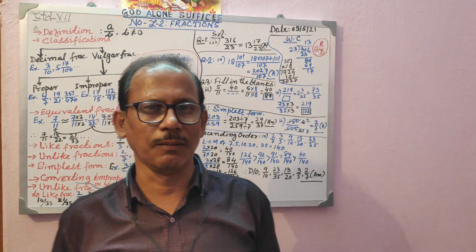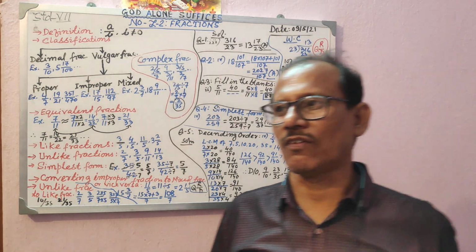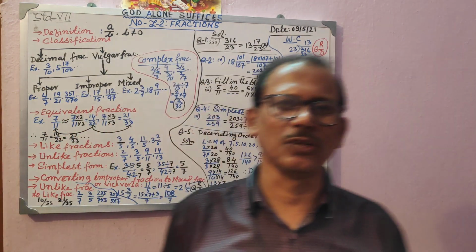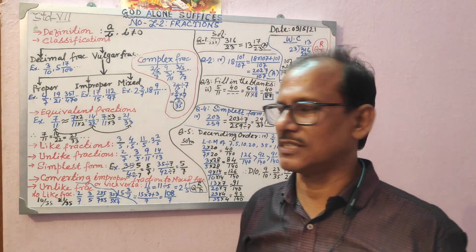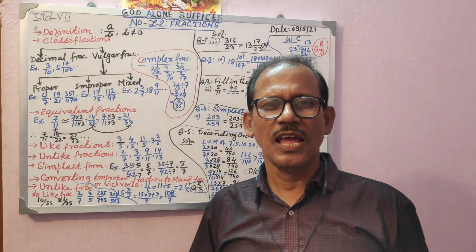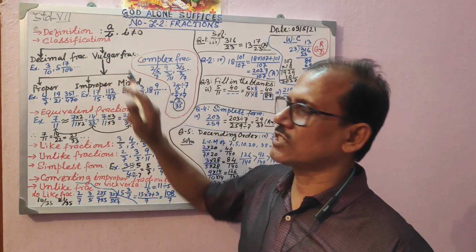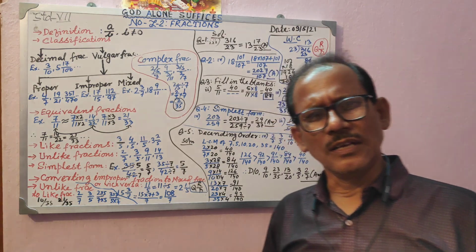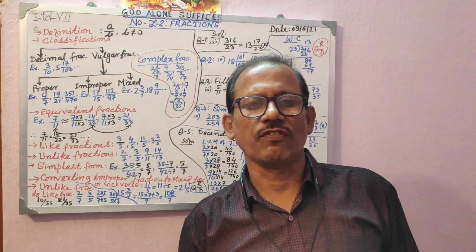So I want to say to you that the fractions whose denominators are 10 or a power of 10, those fractions are called decimal fractions, because they can be converted into decimals. That is why they are called decimal fractions. And all other categories of fractions are called common fraction or simple fraction or vulgar fraction. The best name is vulgar fraction.